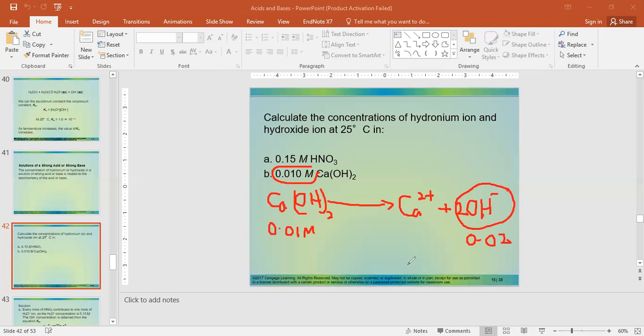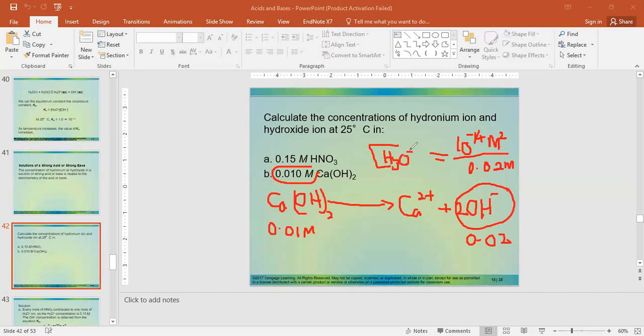So we take 10 to the power minus 14 molar squared, and we divide by what? 0.02. Very good. And the answer that you get will be equal to the concentration of what? The hydronium ion.